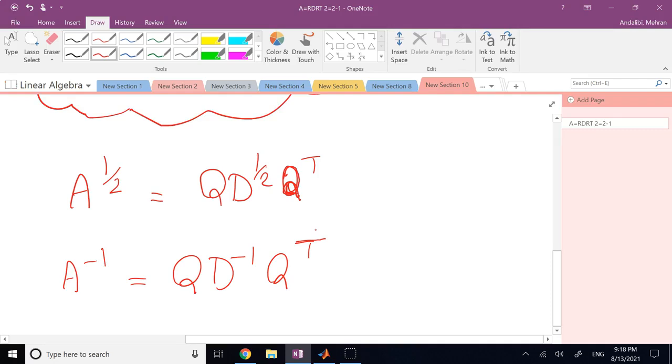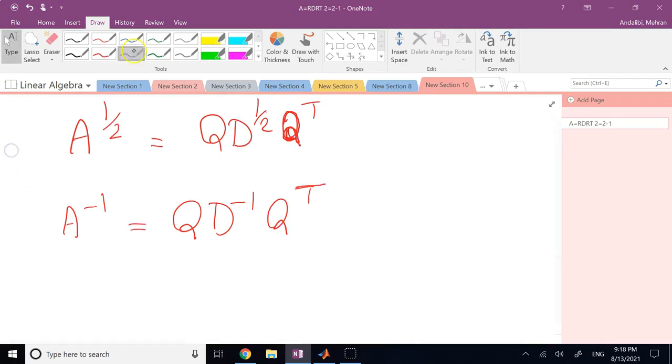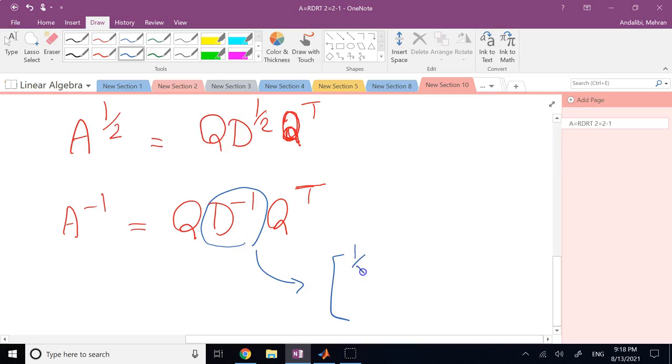And this might be an interesting thing if you look. A inverse is A to the negative 1, the inverse of the matrix, right? If you look at this, this is a diagonal matrix where, let's say it's 2 by 2, the diagonal entries are 1 over lambda 1, 1 over lambda 2, because it's like lambda 1 to the negative 1, which is 1 over lambda 1, all the way to 1 over lambda n.